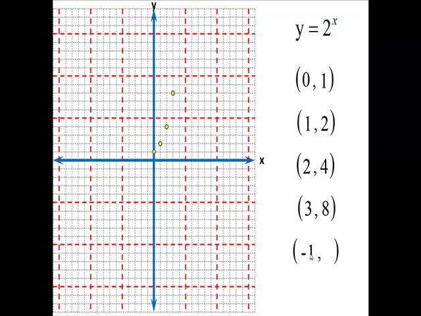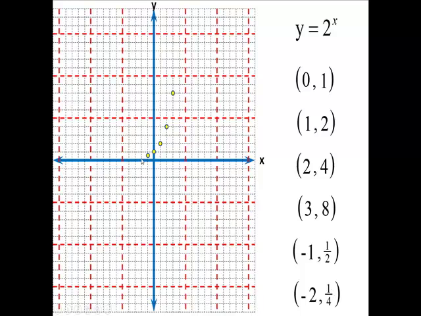When x is minus 1, 2 to the minus 1 is 1/2. So when you go 1 to the left, we're going to go somewhere in between here and here, between 0 and 1, up 1/2. When x is negative 2, 2 to the minus 2 is 1/4.